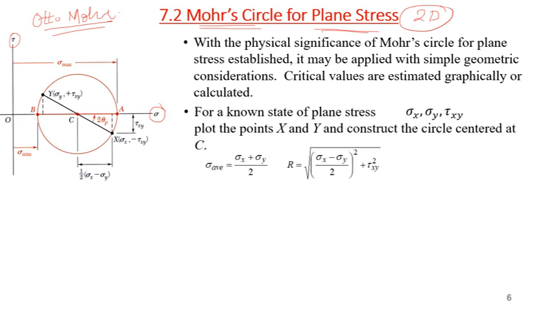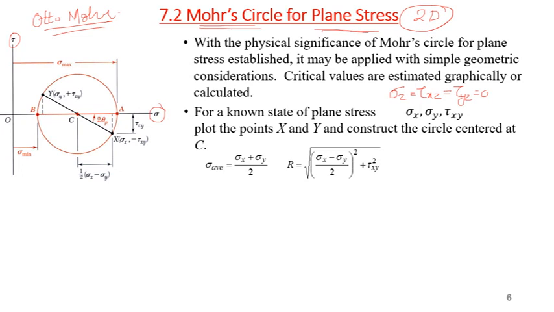So we know that in plane stress, sigma x, sigma y and tau xy are non-zero, and the zero stresses are sigma z, tau xz, and tau yz, which are equal to 0. So this is the plane stress.